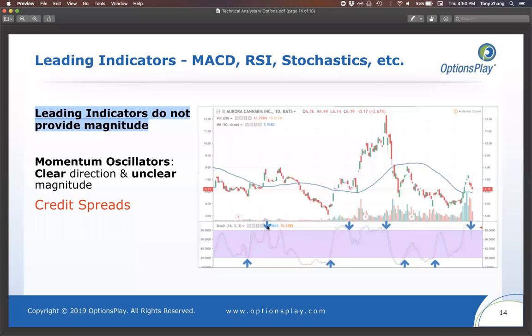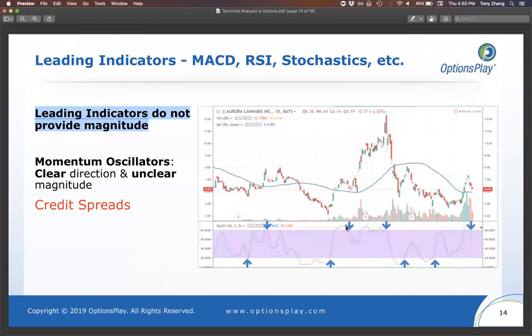Basically, every time it crosses above its upper band and crosses back below, that's a sell signal, and vice versa. When it crosses below the lower band and back into the middle range, that's a buy signal. However, whenever this happens, there's no indication as to whether this stock is going to now rally or decline by 1%, 10%, or 100%. The signals are all the same.